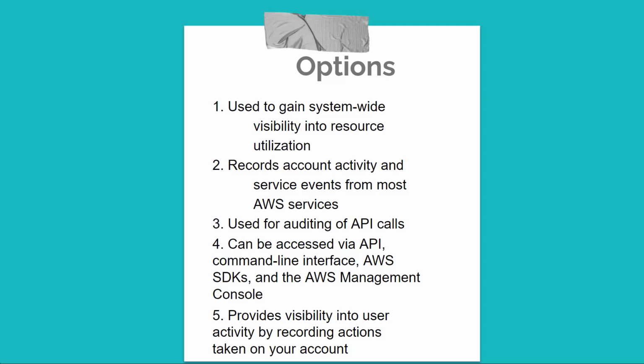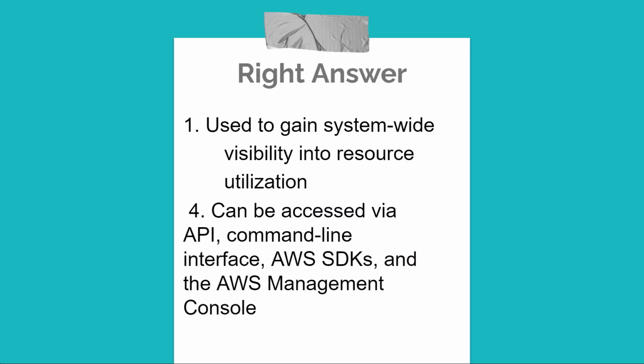Can be accessed via API, command line interface, AWS SDKs, and the AWS Management Console. 5. Provides visibility into user activity by recording actions taken on your account. Right answer is 1. Used to gain system-wide visibility into resource utilization. 4. Can be accessed via API, command line interface, AWS SDKs, and the AWS Management Console.